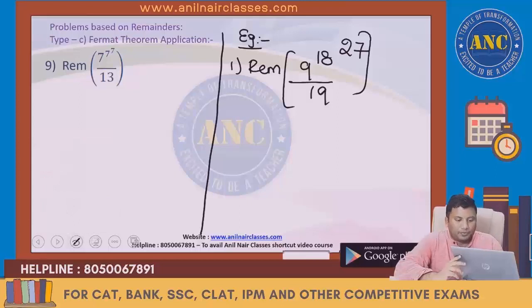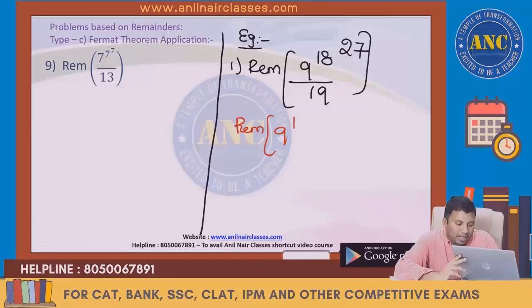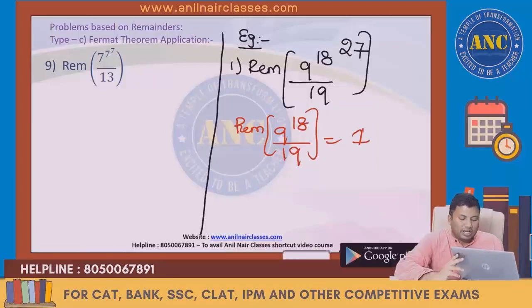Now see here. According to Fermat's theorem, 9 power 18 divided by 19 is 1. A power p minus 1 when divided by p is 1.